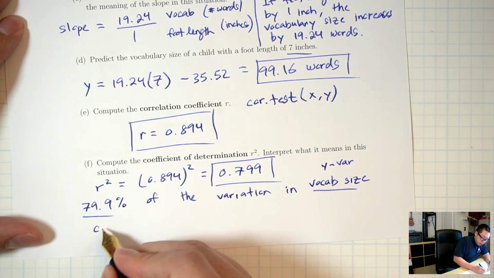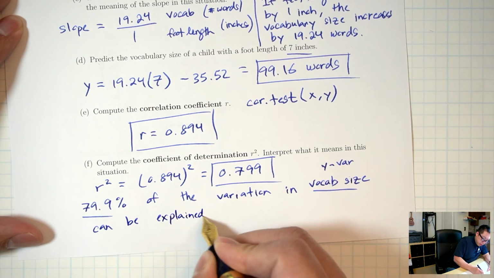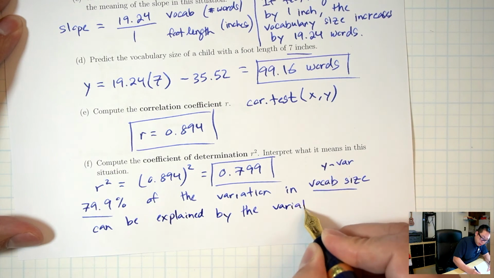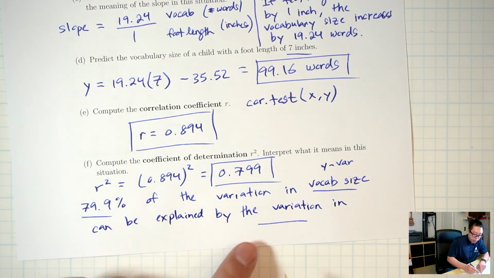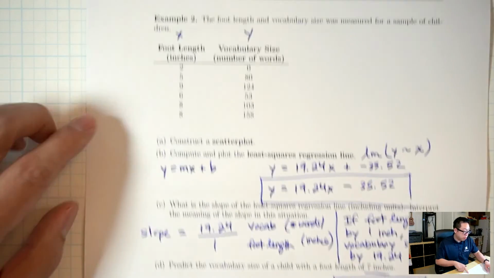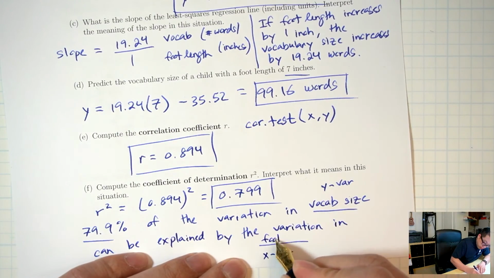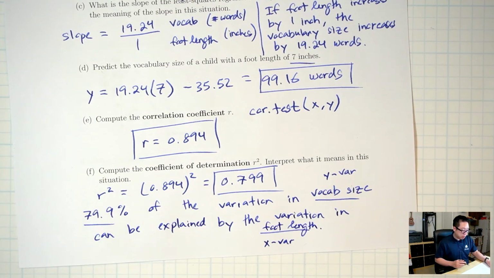Can be explained by the variation in, and you're going to state your X variable here. Our X variable was foot length. So 79.9% of the variation in vocabulary size can be explained by the variation in foot length.